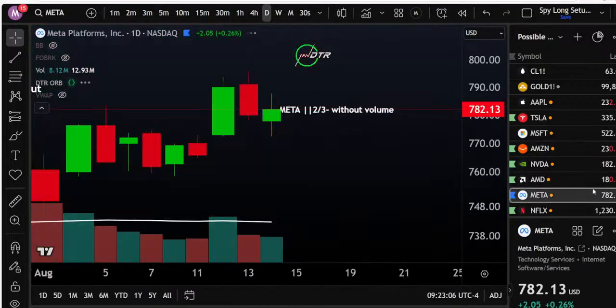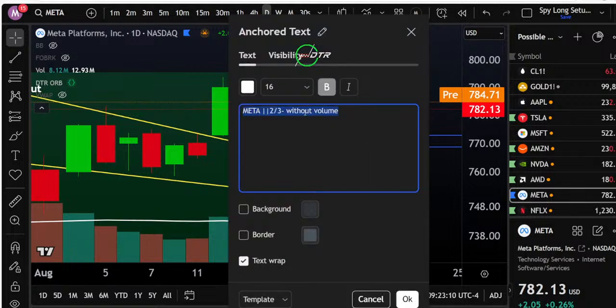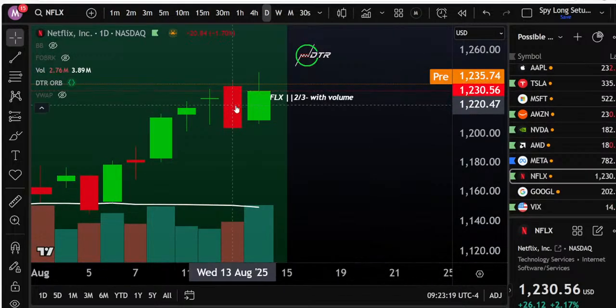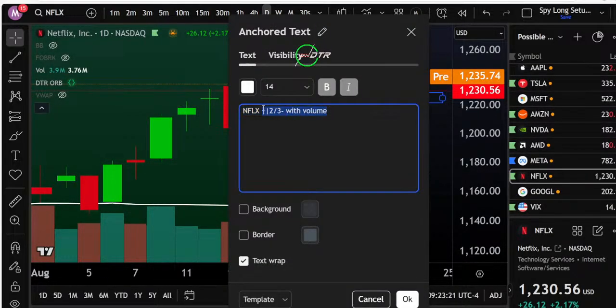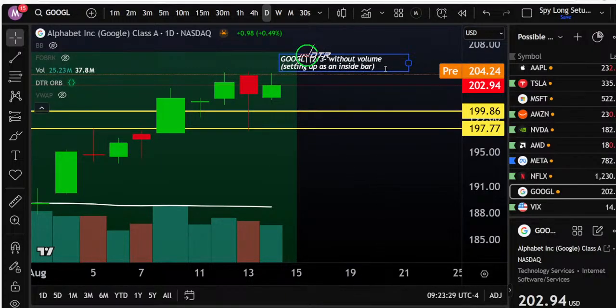Okay, Meta, good little bounce off of support, but it's going to be a 2 out of 3 to the upside without volume. Netflix, 3 for 3 to the upside. And then Google, inside bar. Hey, we nailed it. Nice. All right.